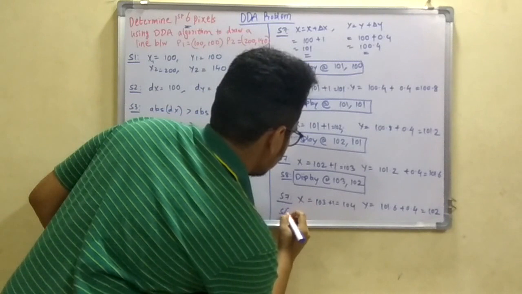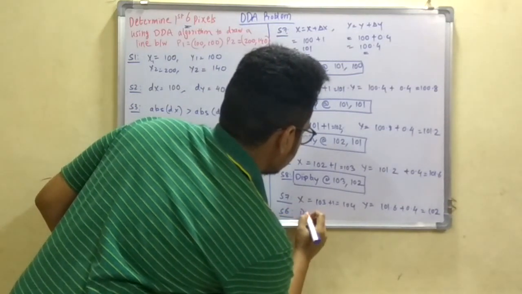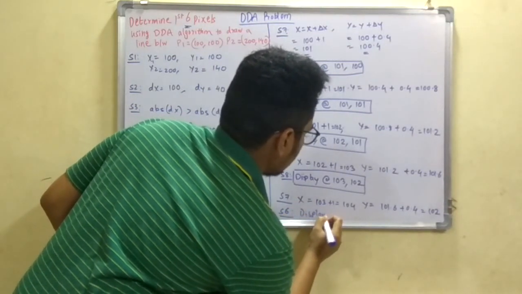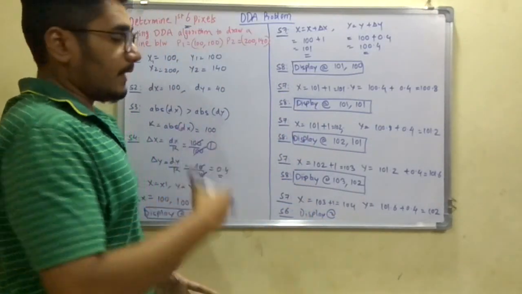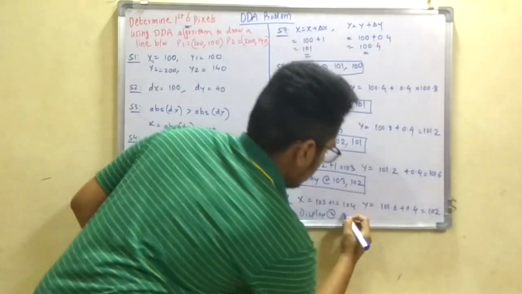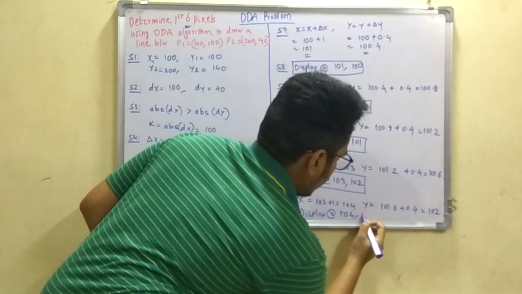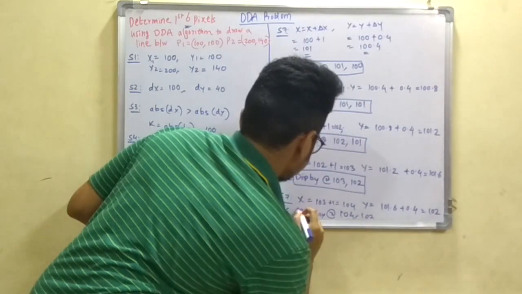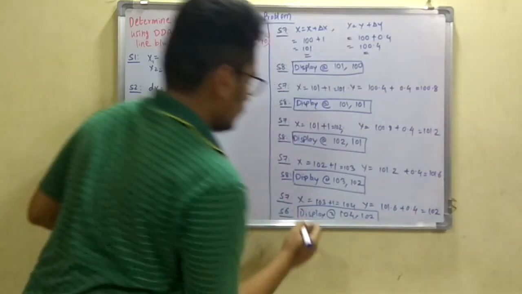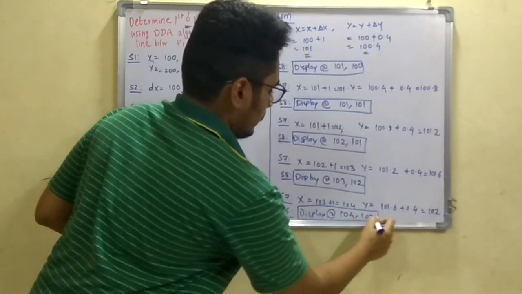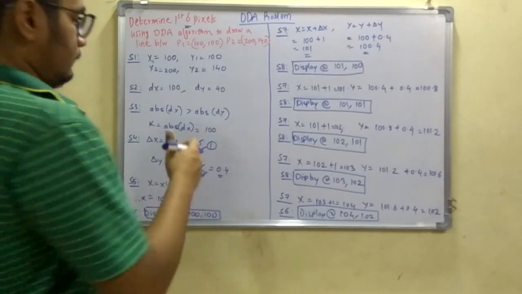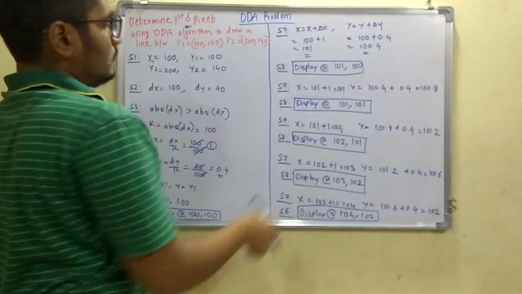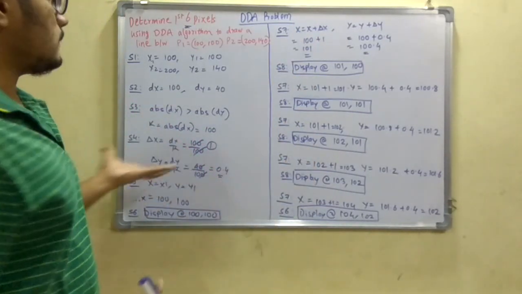So now by using step 6 we will display. Hope you got this algorithm, how I am rounding off and how I am choosing these steps, step 8 and step 6. So this is 104 and this is 102. So these are the 6 points, or we have to plot it in a graph. So 1, 2, 3, 4, 5 and 6. As per the problem, we have got 6 different pixels.